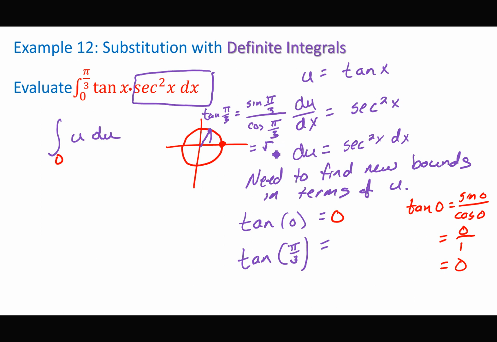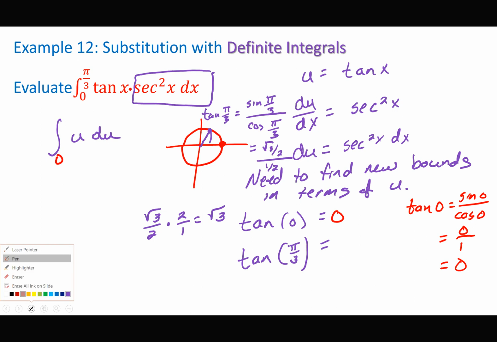Sorry, I'm running out of space here. I should give myself more space. What is cosine pi over 3? 1/2. So we have root 3 over 2 times 2 over 1, which is just root 3. So my new upper bound is root 3. So when we change our integral in terms of u, we have to change our bounds.